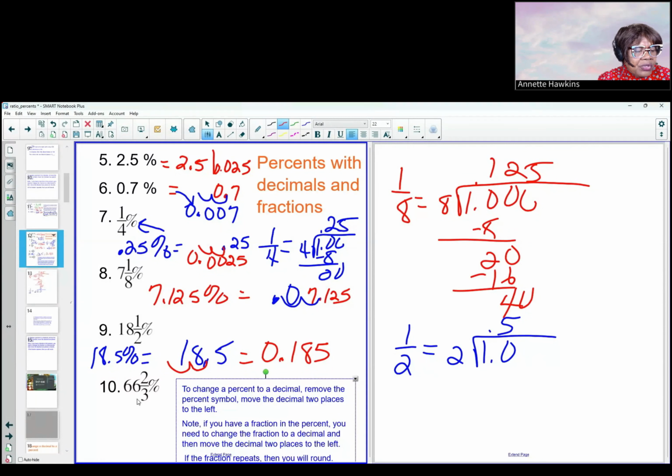All right, let's do this last one. 66 2/3%. Do that one for me and see what you get.